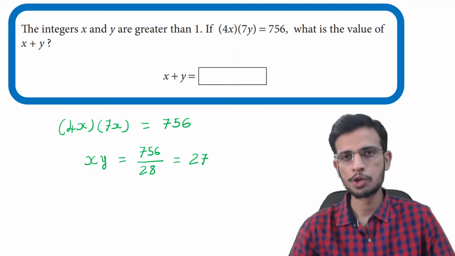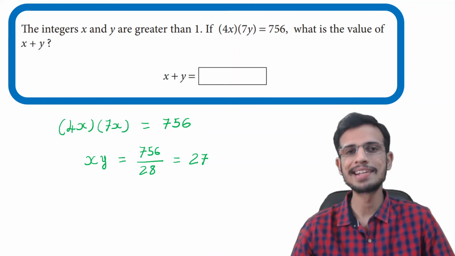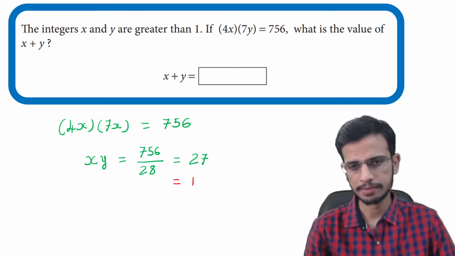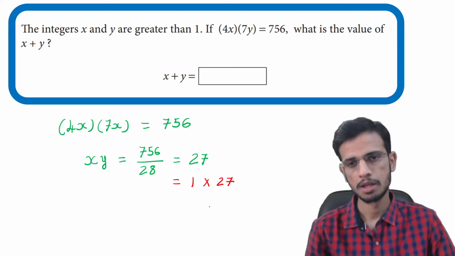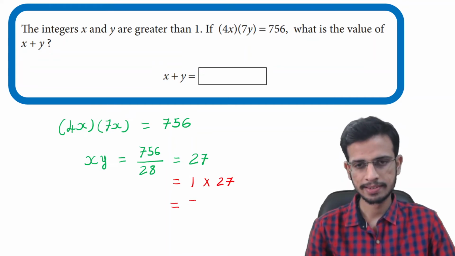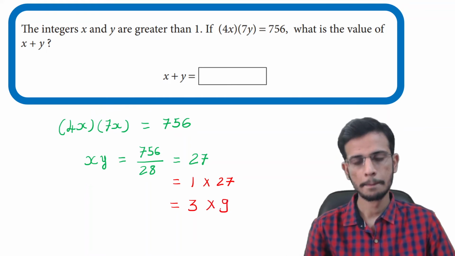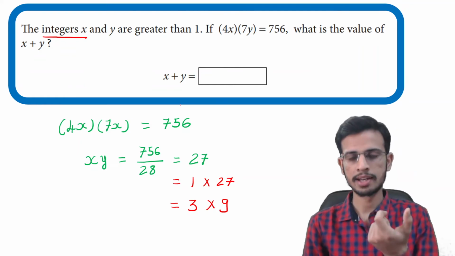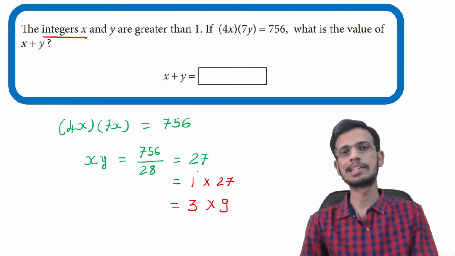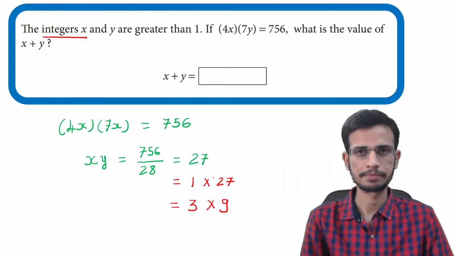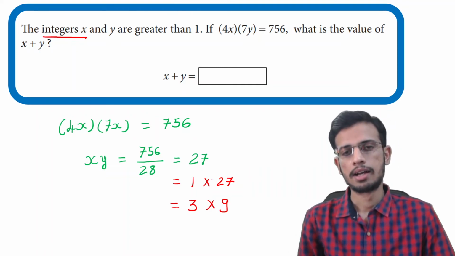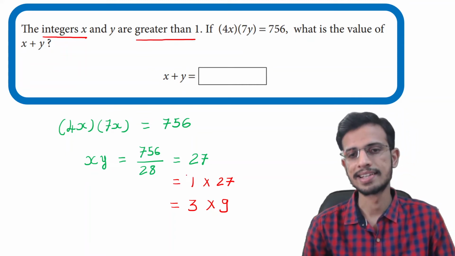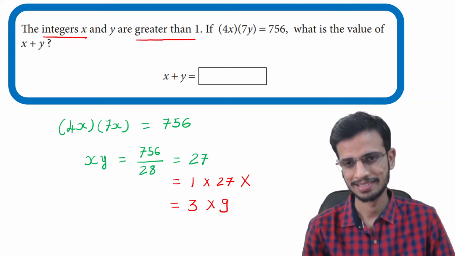We have to make two factors whose product will be 27. So we can write 27 is equal to 1 into 27, or 3 into 9, because x and y are integers. So these are the only two possible cases. One more thing: x and y are greater than 1, so we can't consider the 1 into 27 case.